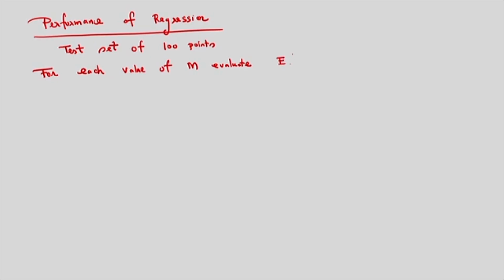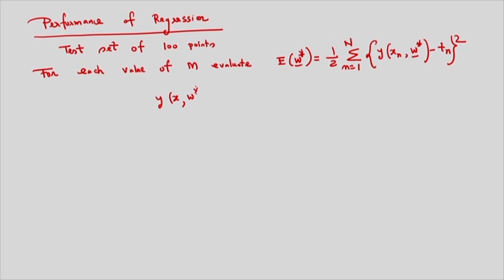So the error is E star, equal to 1 by 2, sum over n equal to 1 to N, of y(x_n, w star), where w star is the optimum weight that we have obtained during the training, whole square.